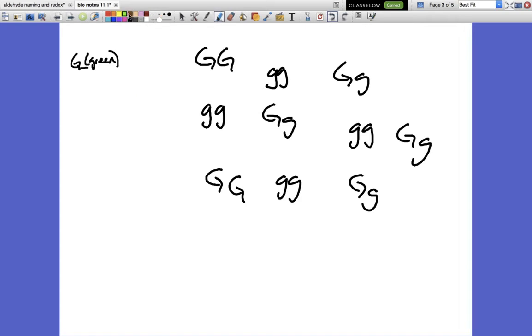And I can look through pretty quickly and decide, okay, there's 1, 2, 3, 4, 5, 6 green frogs. And then there'd be 1, 2, 3, 4 that are apparently brown. Since I just told you, now you know, little g is for that brown color.